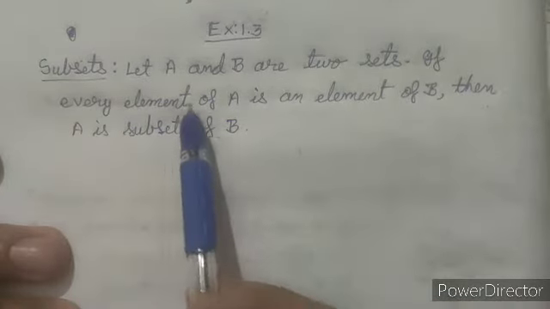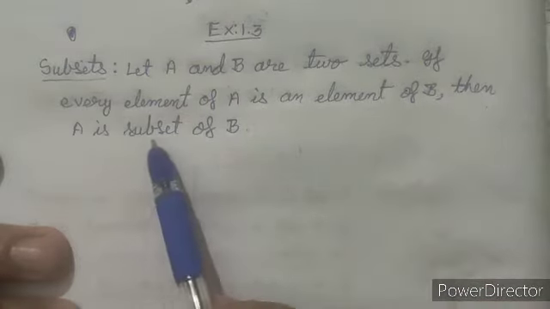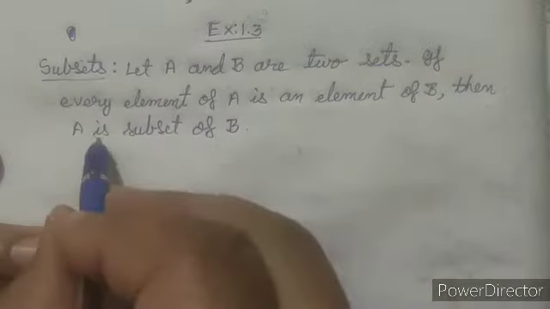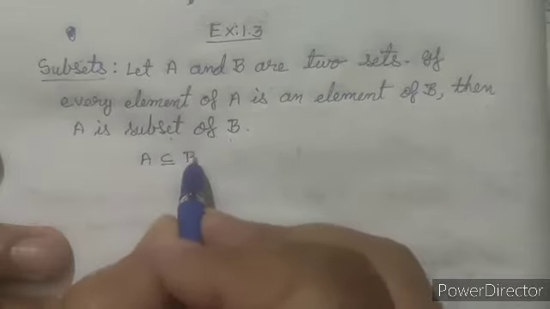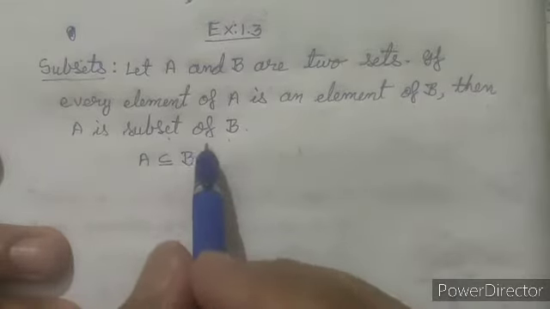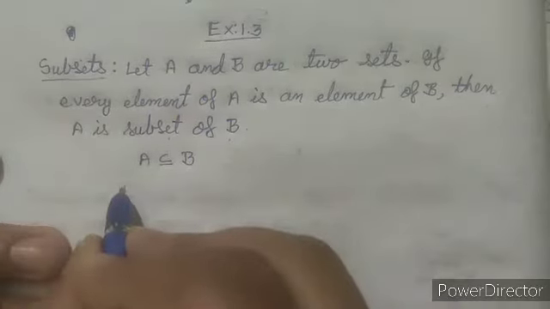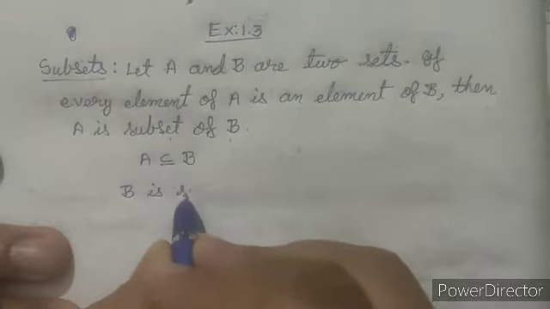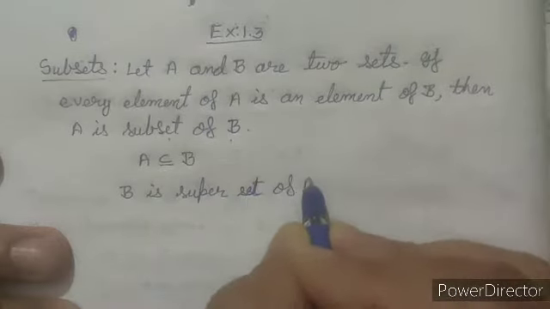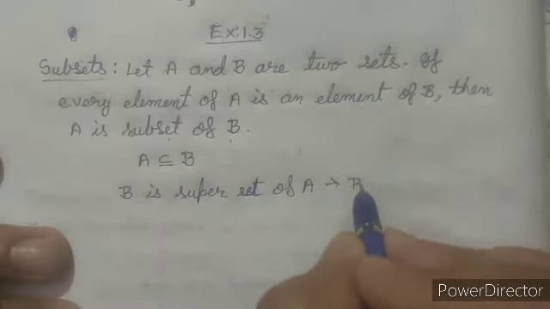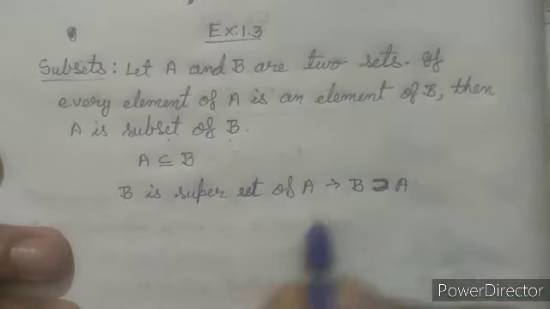If every element of A is an element of B, then A is a subset of B. If A is a subset of B, it is denoted as A ⊂ B. And as every element of A is contained in B, we can say that B is a superset of A, denoted by B ⊃ A.